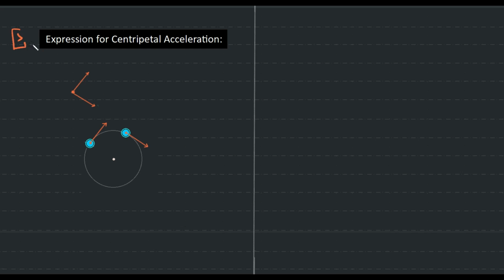So we are looking at an expression for centripetal acceleration. For that, I'm considering the same object. It's moving at a constant speed, but because the change in direction is happening, we have two different velocities over here. But in terms of length, they are the same. So this is v1 and v2. The same two vectors I've placed over here, for a reason that I'll talk about in some time.